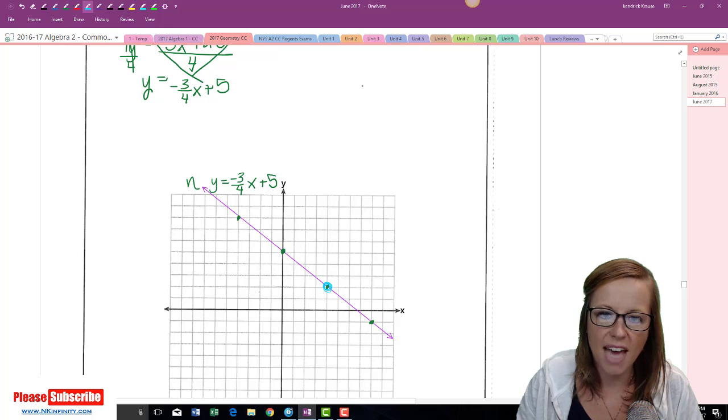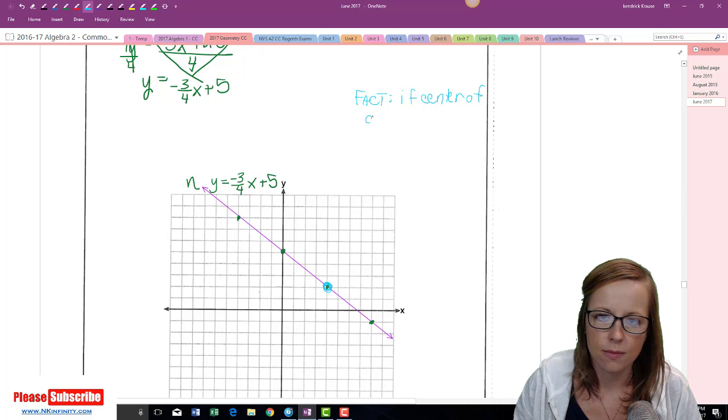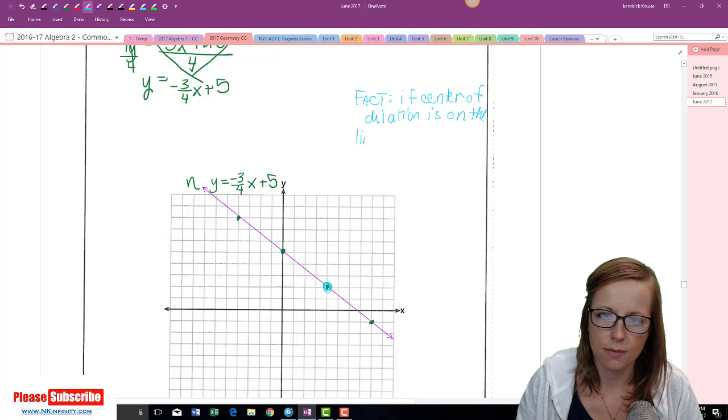Oh. Fact. If the center of dilation is on the line, then the image is the same line.